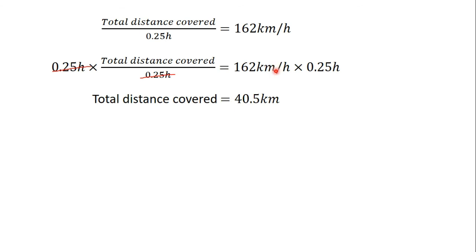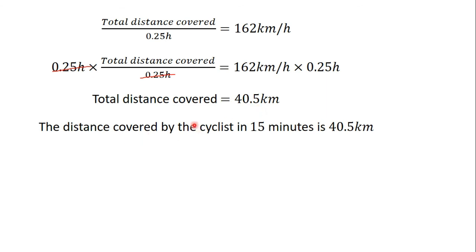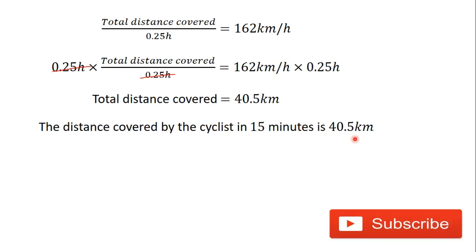When you multiply kilometers per hour by hours, hour and hour will cancel, so we have kilometers. So the total distance covered by the cyclist will be equal to 40.5 kilometers. So the distance covered by the cyclist in 15 minutes is 40.5 kilometers.